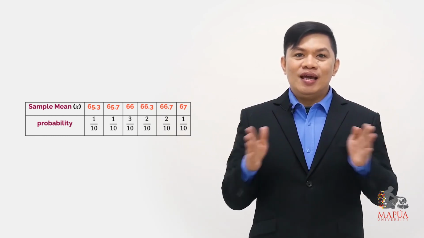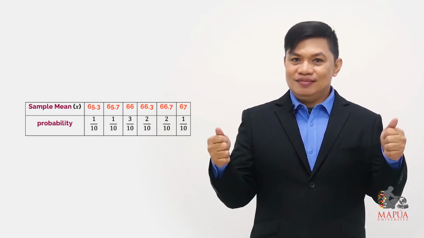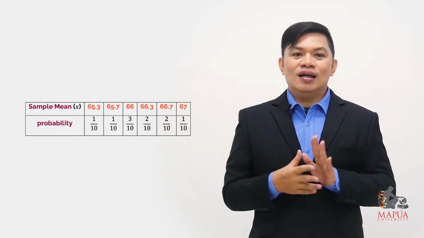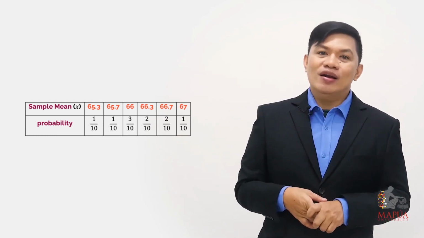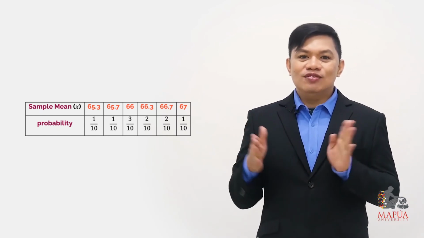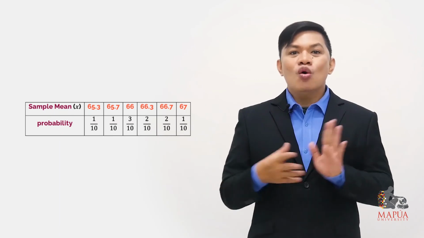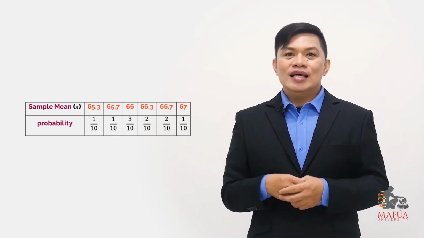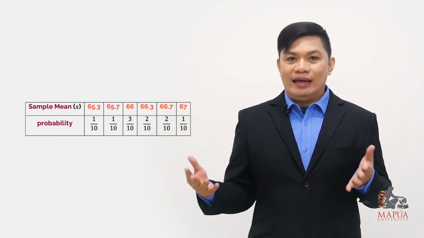So the probability will be 1 over 10. For the next value, 65.7, it will also be 1 over 10 because there is also one group yielding an average of 65.7 likes.